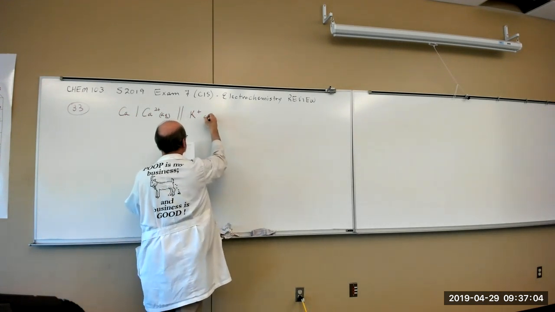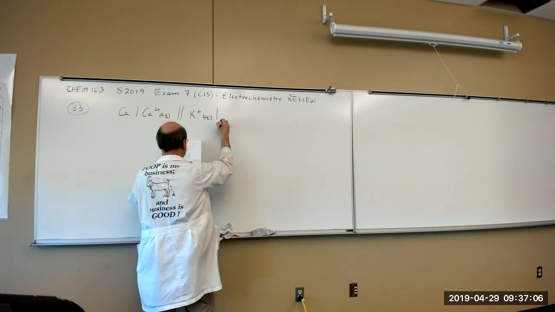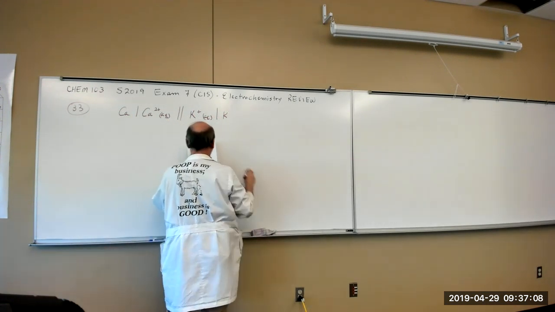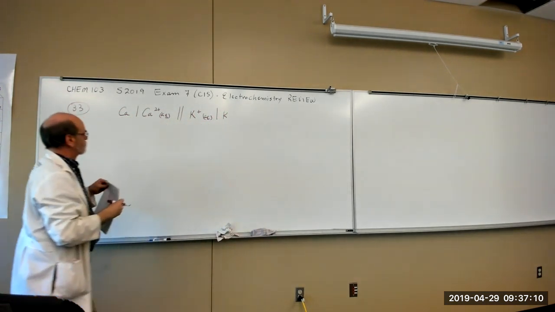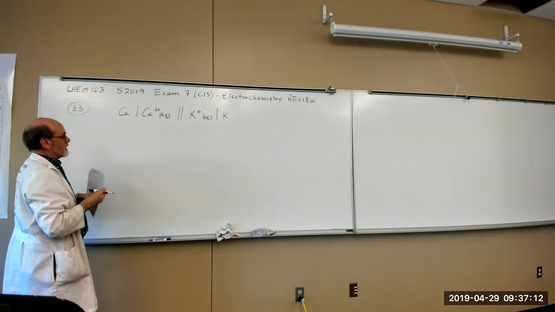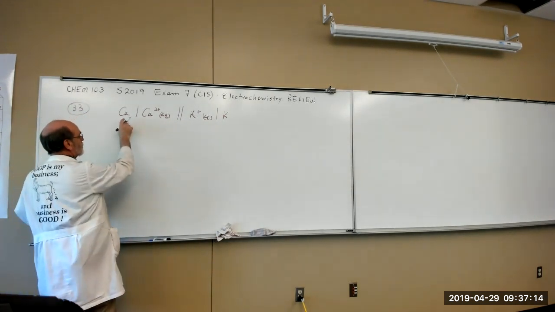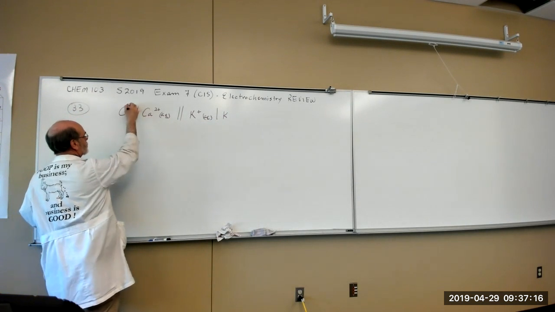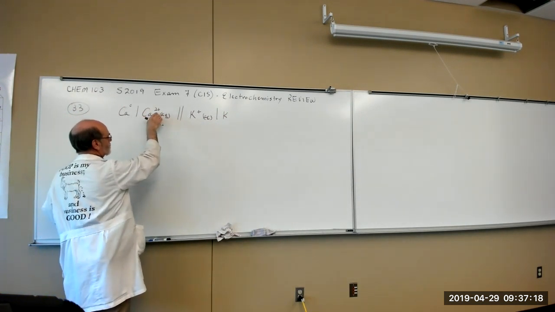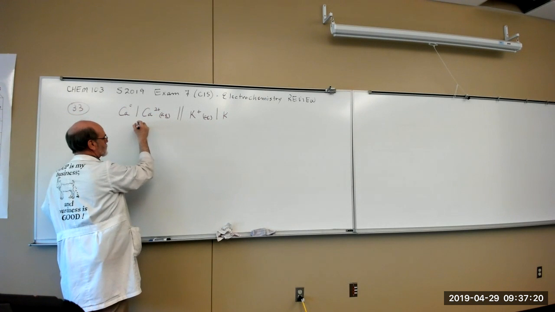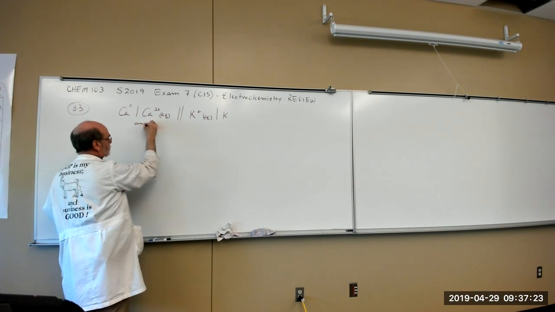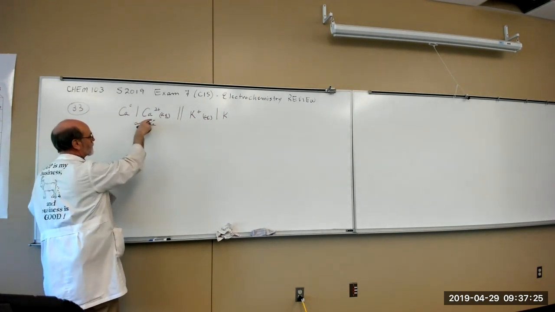Then next we have this, then a phase difference, and that. So what's happening? Well, the convention is we're going from this 0 state to that 2+ state. So this is the oxidation side, the anode. Going from here to here.